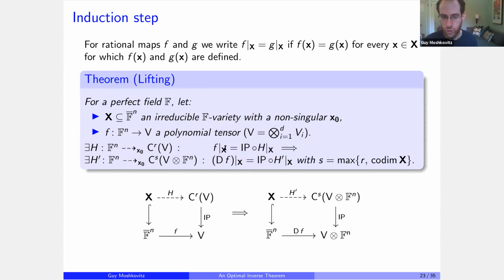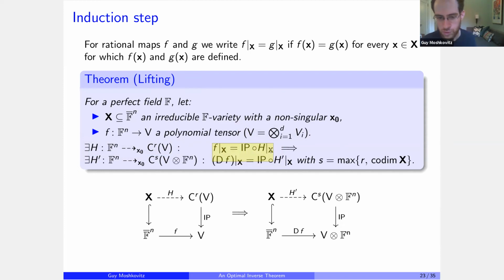So if you plug into this polynomial tensor inputs from the variety X, then for almost every point in the variety, you can write this as IP composed H. H just gives you these two lists, right? H just specifies the partition rank decomposition. And of course, once you apply this inner product, you get back your tensor.